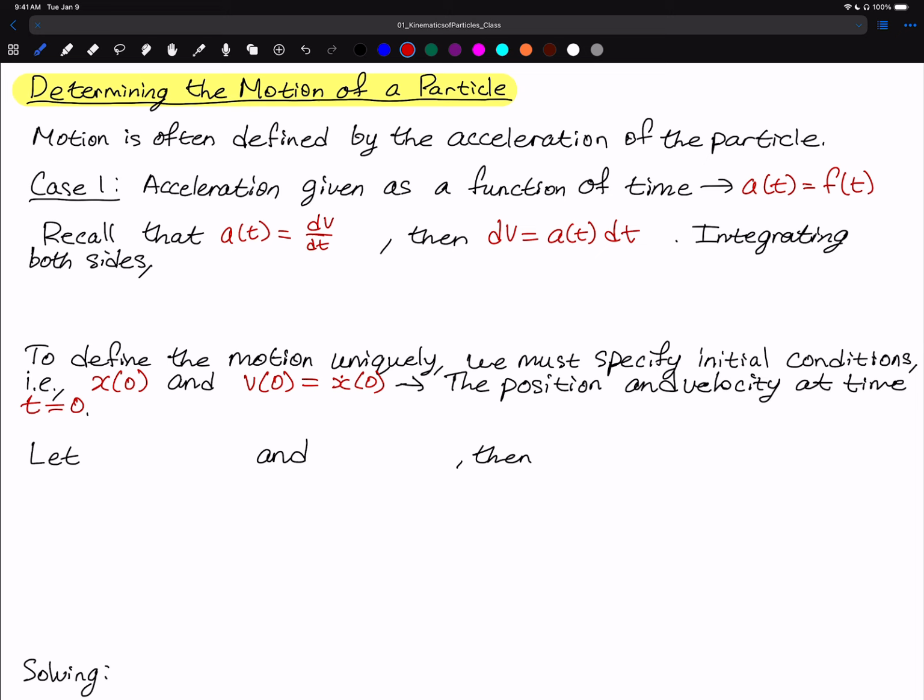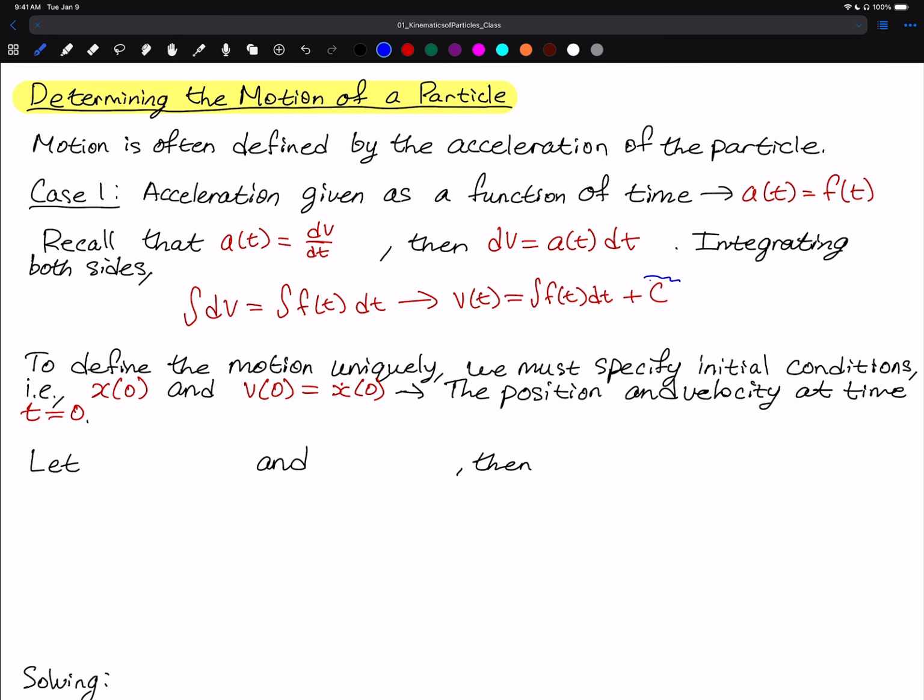From there, we can integrate both sides, and we'll find that the integral of dv is equal to the integral of f of t dt, such that v of t is equal to the integral of f of t dt plus a constant.